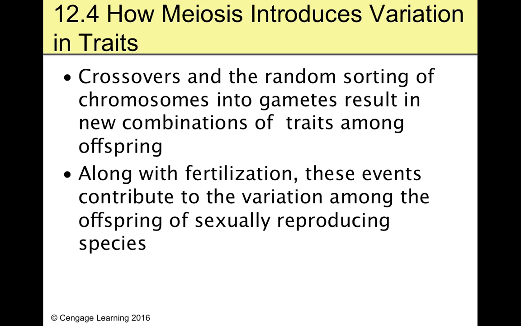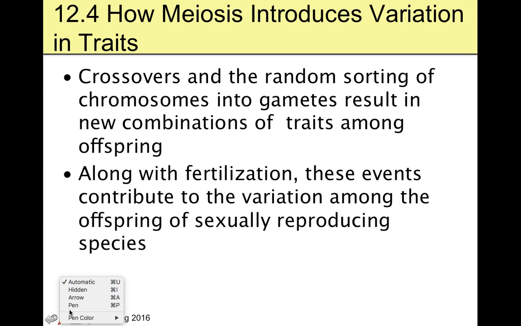So we're going to talk a little bit about variation. Variation in traits is a good thing. You probably don't look exactly like your mom or exactly like your dad. And if you have brothers and sisters, you guys might not even look like an even blend between mom and dad, because there's a lot of variation from meiosis. So crossing over and the random sorting of chromosomes is going to give us new combinations.